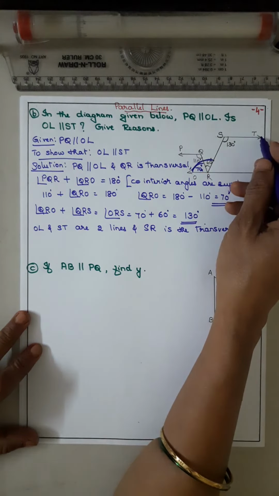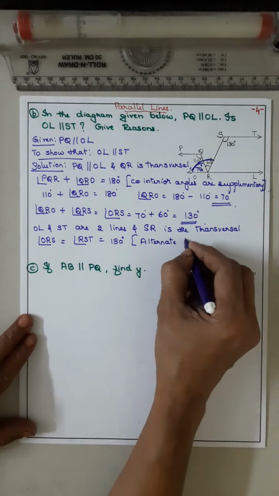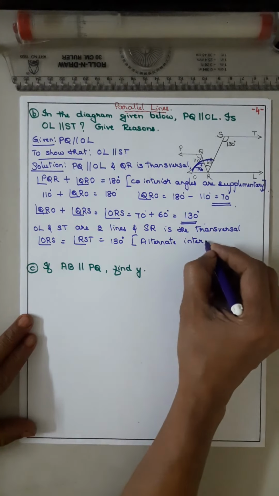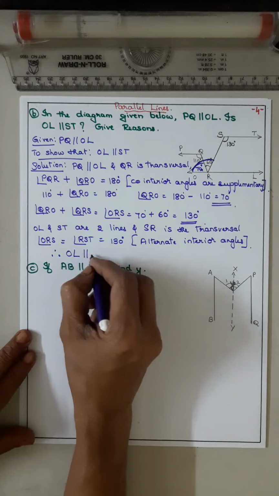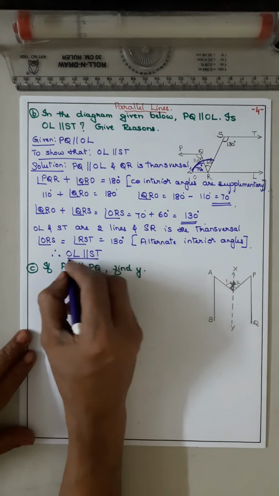ORS is 130. RST is 130 given. So, which type of angle? Alternate interior angles. When are alternate interior angles equal? When the lines are parallel. Therefore, OL is parallel to ST.